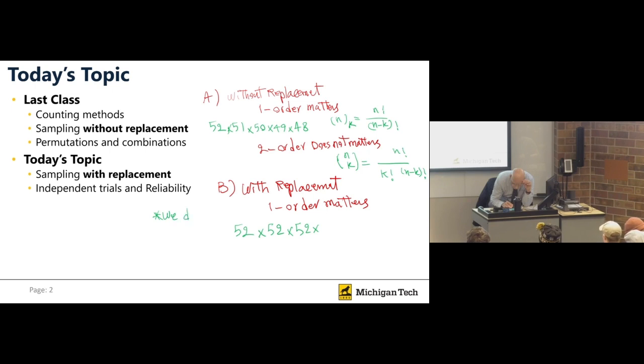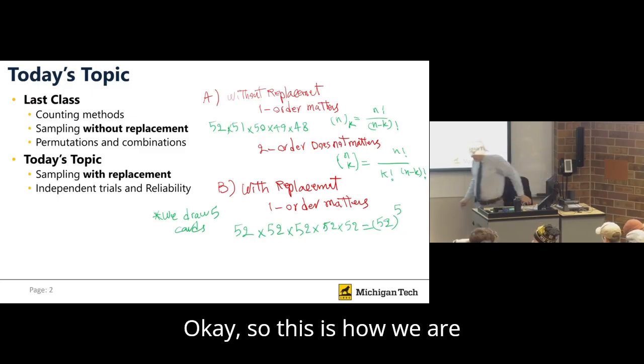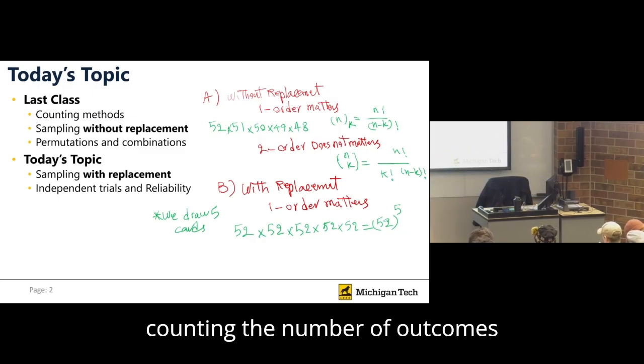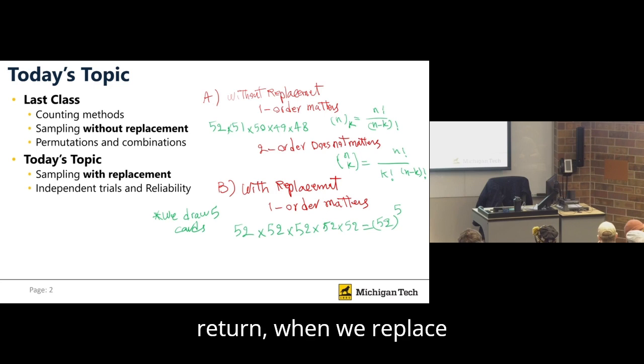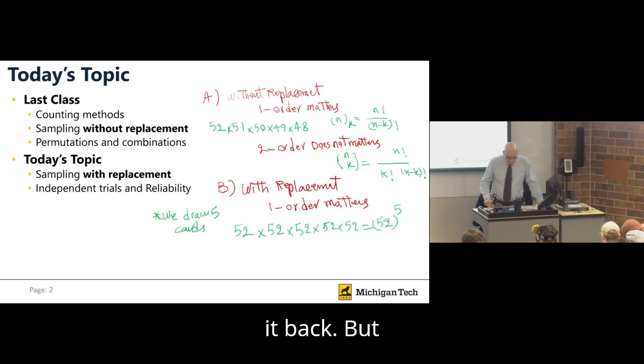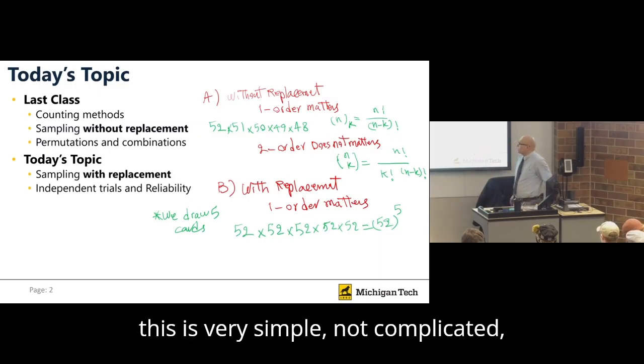This is 52 times 52 and so on, which is equal to 52 to the power of 5. So this is how we count the number of outcomes when we replace it back.